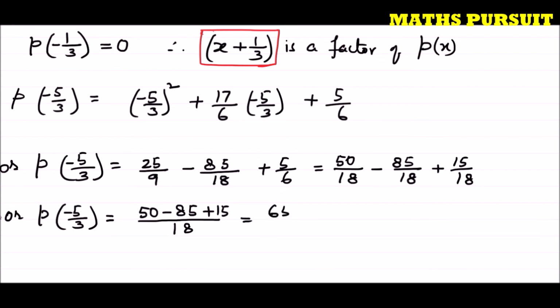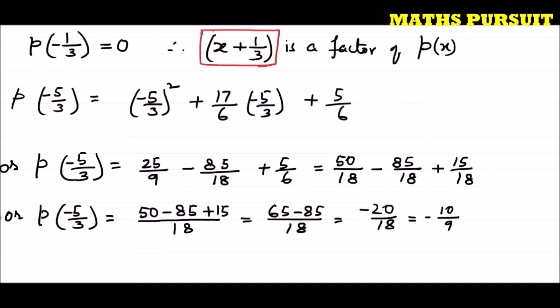That is equal to 65 minus 85 divided by 18, or that is equal to minus 20 divided by 18, or this is equal to, 2 10s are 20, 2 9s are 18, so we are getting minus 10 upon 9.